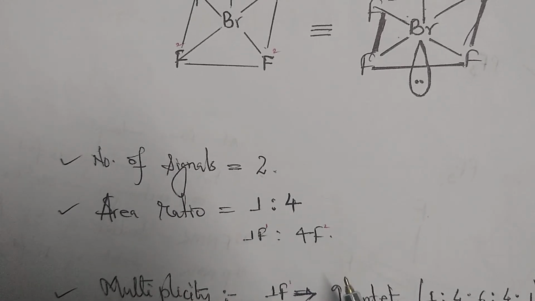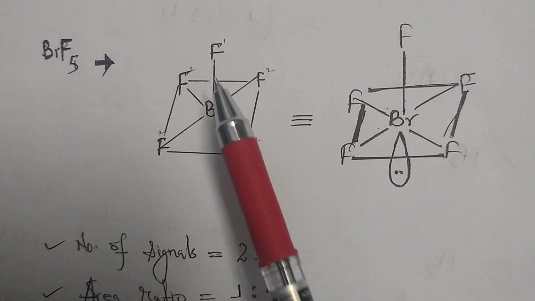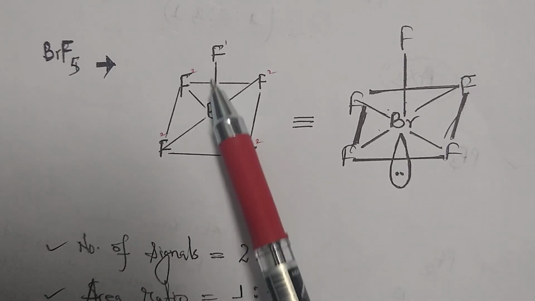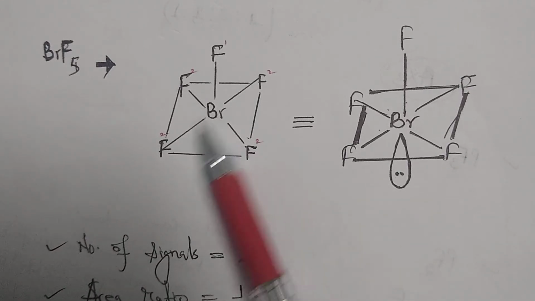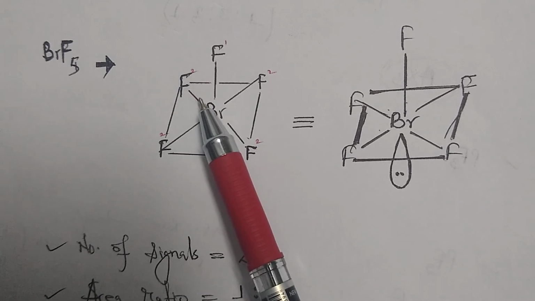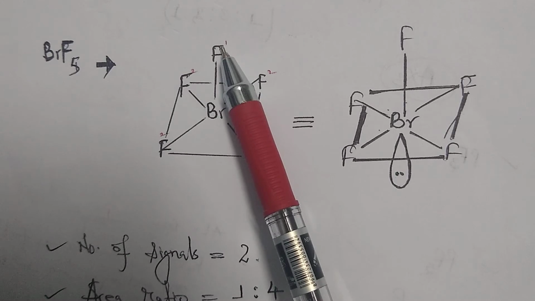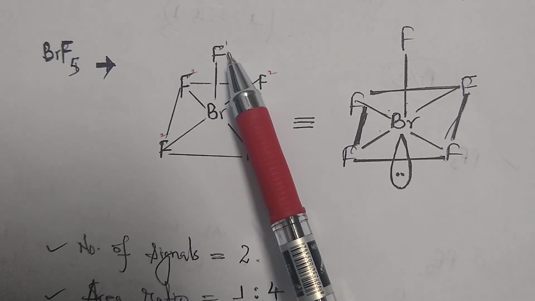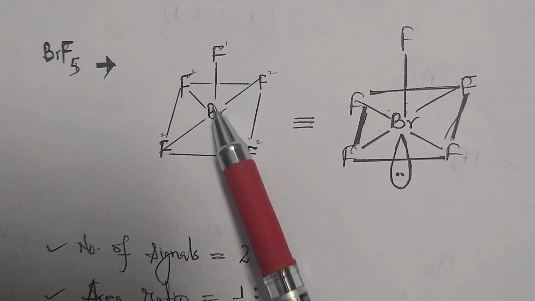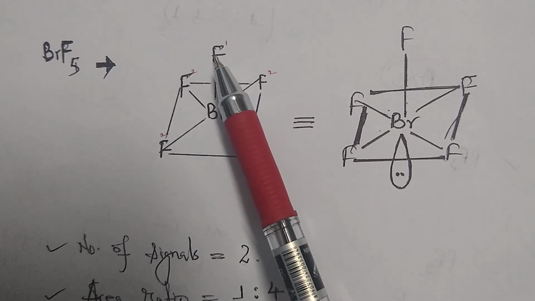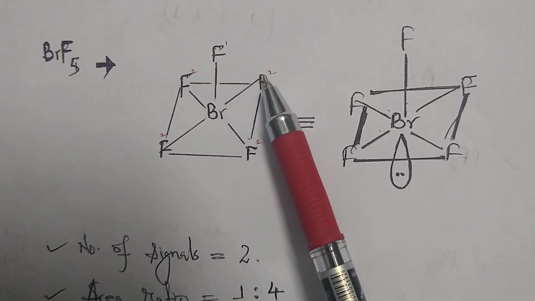Now talking about the multiplicity for the first kind of fluorine over here, it will couple with these 1, 2, 3, 4 fluorine of different environment than that of this fluorine over here. Then we'll get a quintet multiplicity signal with 2 bond coupling constant, that is 1 bond from this fluorine number 1 to bromine, then bromine to this fluorine number 2.